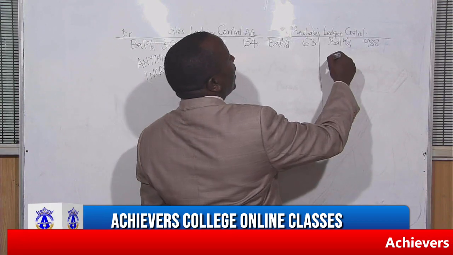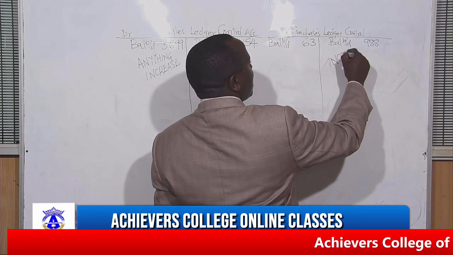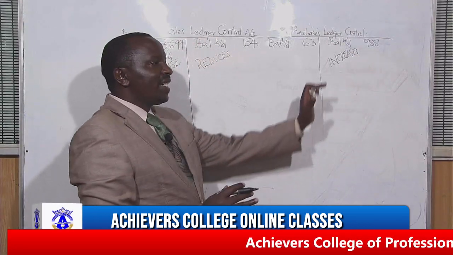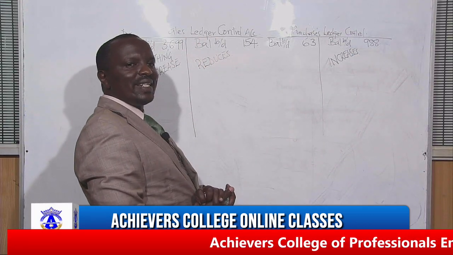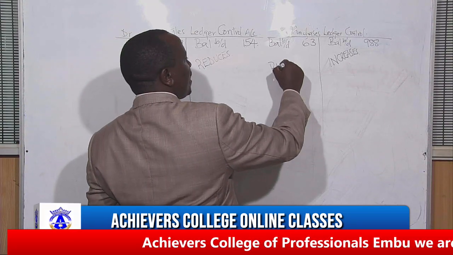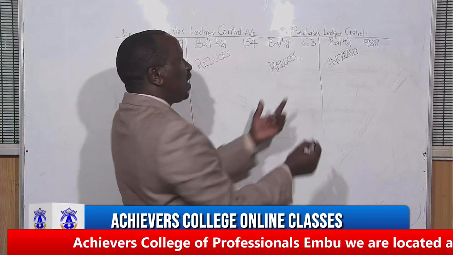Similarly, anything that increases creditors should be credited. The reason is because creditors are liabilities, and anything that reduces creditors should be debited.